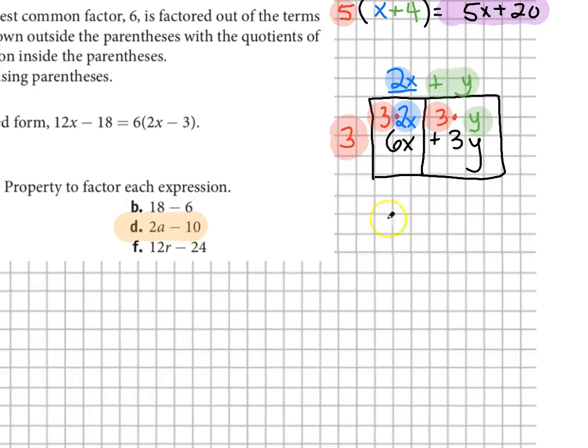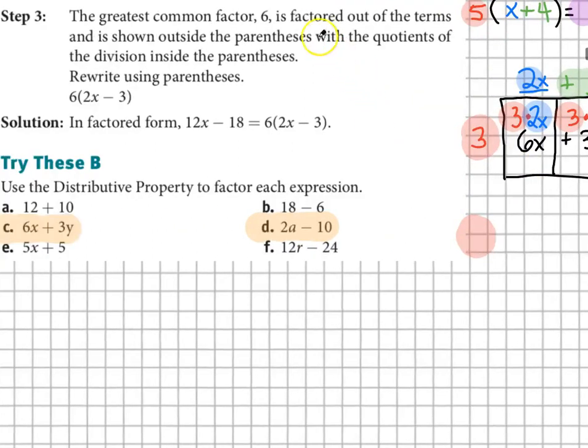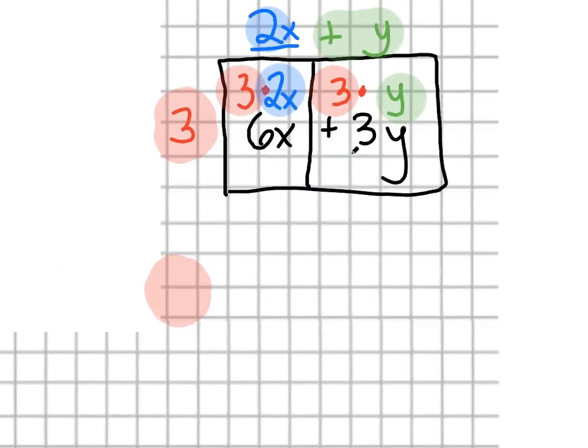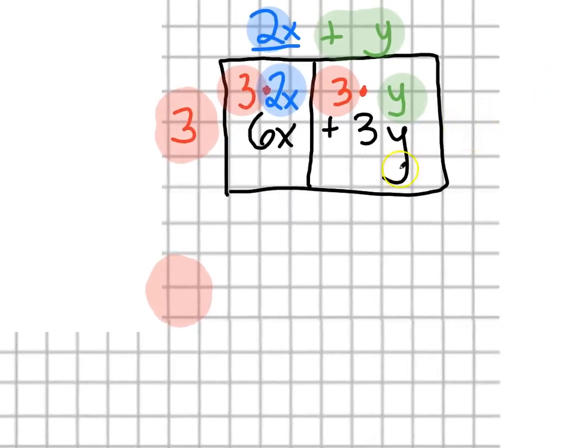Now I'm going to put my parts all together. Again, just like I did before, my factor on the outside, and then I'm going to have a parentheses. Oops, I need a pen. Let's do this. Let's zoom in a little bit. And then my parentheses.